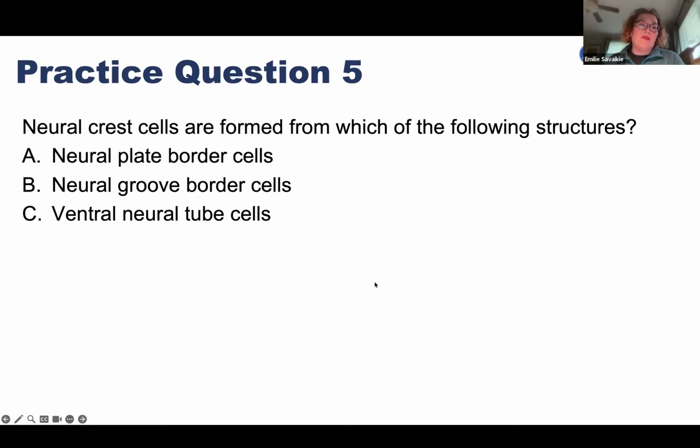The neural plate border cells, the neural groove border cells, or the ventral neural tube cells? Ending the poll in 3, 2, 1.